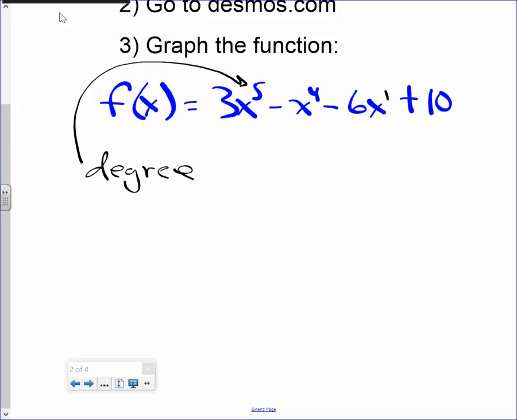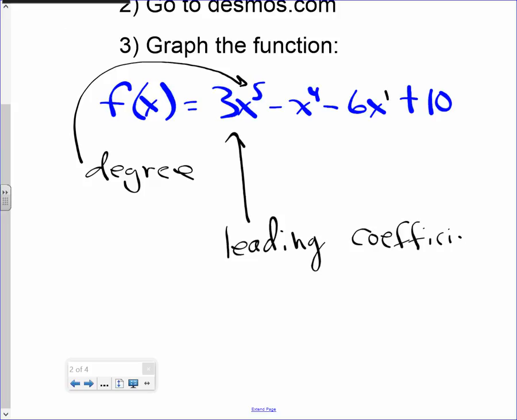Again, this function is on the back of the paper, not on the front. Go ahead and put an arrow at that 3. Let's call that the leading coefficient. This is a review of what we did 2 days ago. All this, the degree, the coefficients, the leading coefficient, all that determines the behavior, the way the function behaves.